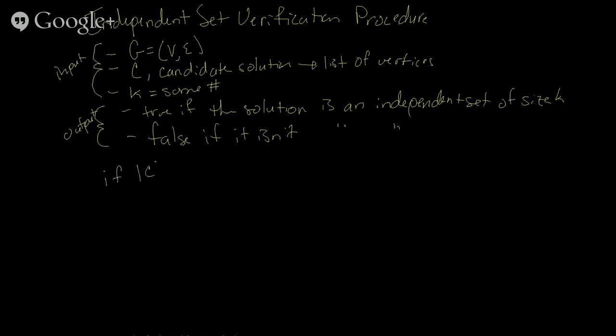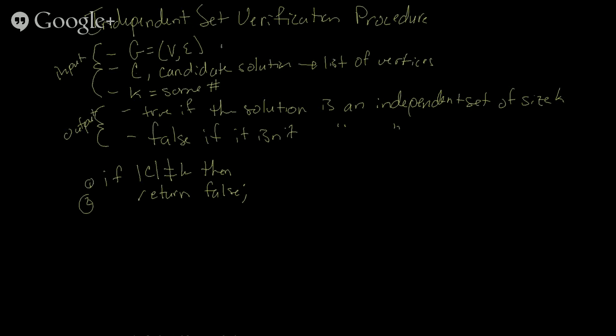If the absolute value of C, or the size of C, is not equal to k, then we need to return false, because there's a huge problem right there, right? And think about, as you're going through these steps in this procedure, and I'll label the lines here, think about how much time they're taking. So how much time does it take to determine the size of C? Well, it's a list of vertices, and it should be k, but it could be as big as n.